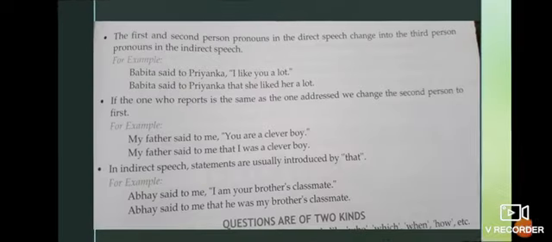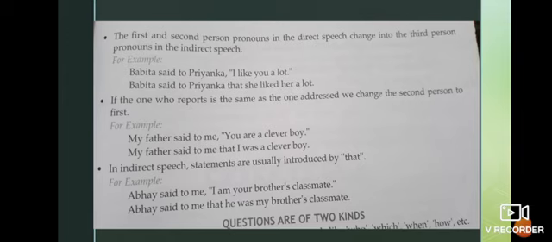Once again, you see the rule, children. The first and the second person pronouns in the direct speech change into the third person pronouns in the indirect speech. So, in the first sentence, the first and second person pronoun is given in the direct speech. Babita said to Priyanka, I like you a lot.